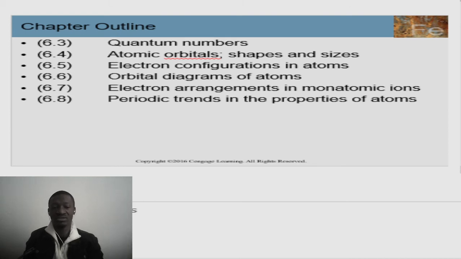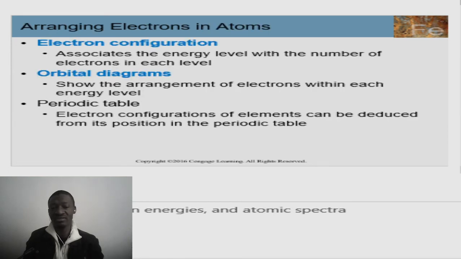I'll explain what they are, and atomic orbitals, the shapes and sizes, electronic configuration in atoms, orbital diagrams of atoms, then the electronic arrangement of monatomic ions, and then your periodic table, your periodic trends in the properties of atoms, how the trends in the periodic table actually relate to the properties of different atoms. So we'll just get right into it by starting off with arranging electrons in atoms.